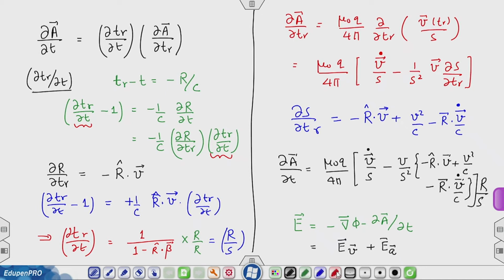So, let me write this. This is the term that is dependent only on V, and the term on the right hand side depends on the acceleration and V both, and it is this term that gives rise to radiation.